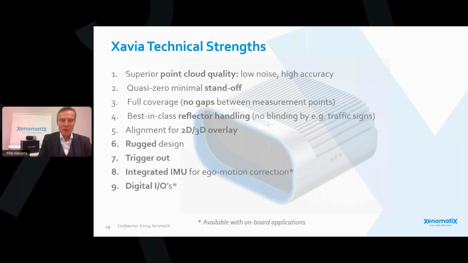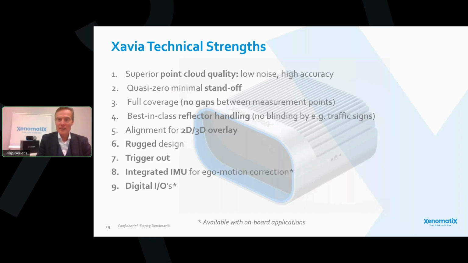The strengths of Xavia. One of the key elements, of course, is the superior point cloud quality. With other LiDARs, you sometimes have to do some cleaning and polishing. You have to remove ghost points, false reflections, and so on. That is not needed with Xavia.